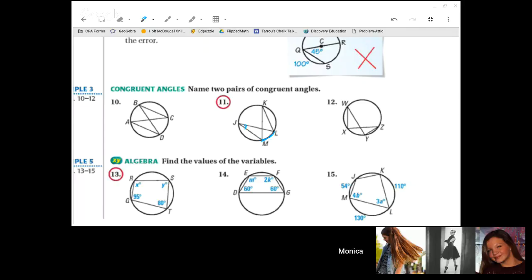Do you see another angle that also forms arc ML? Okay, so we could say that angle MJL and angle MKL are congruent, right? Because if they form the same arc, they have to be congruent.